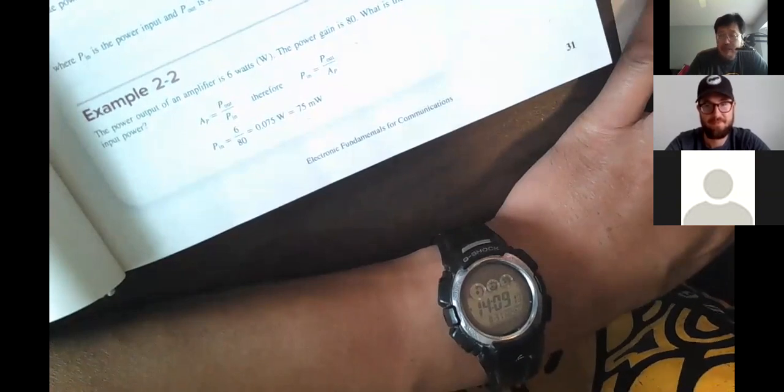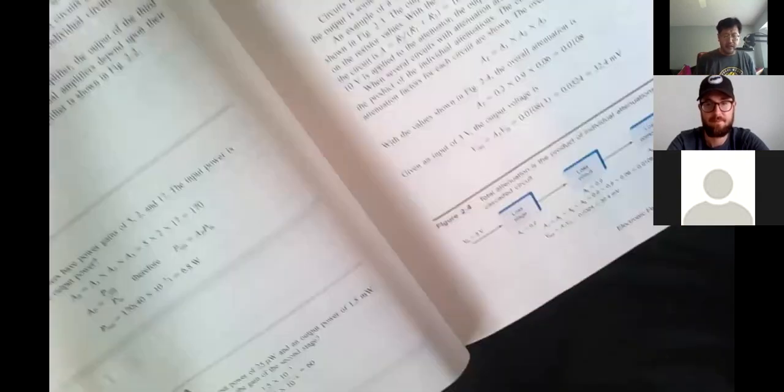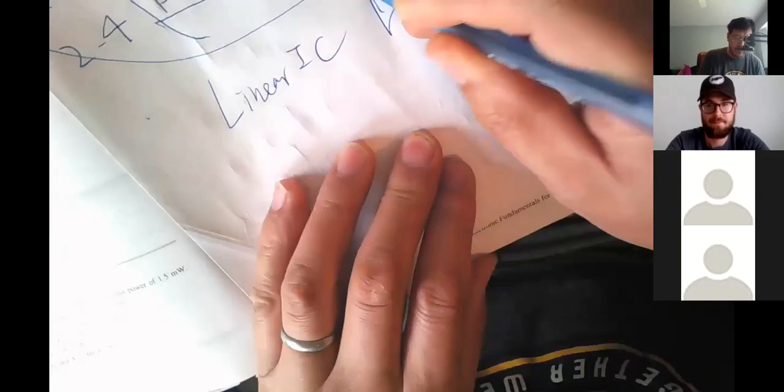It's very easy to build because the power linear ICs make everything so easy. You just add a couple of external components, and you have an amplifier. So this is the gain. Gain is created by amplifiers.